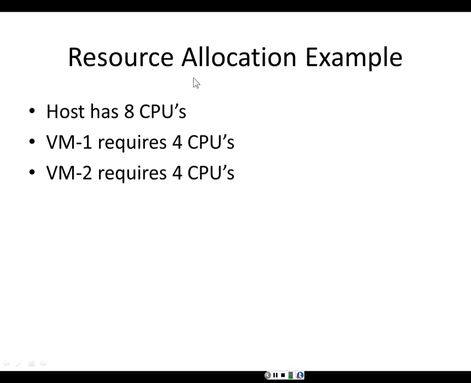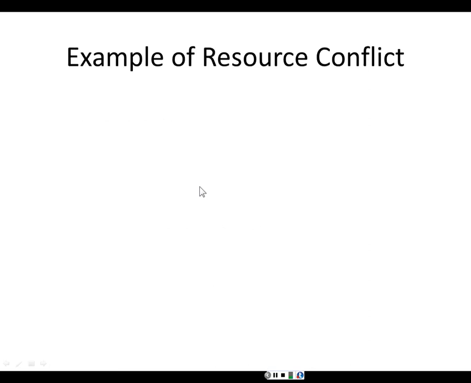Start out with a resource allocation example. The ESXi host has 8 CPUs. The first virtual machine takes 4 CPUs, and the second virtual machine takes 4 CPUs. No problem. That's fine. There is no resource conflict there. But now let's look at an example of a resource conflict.